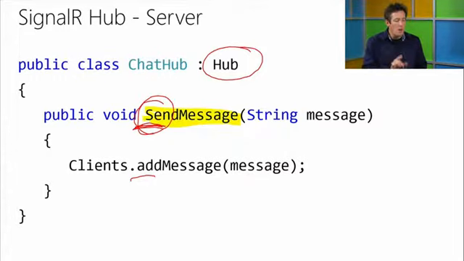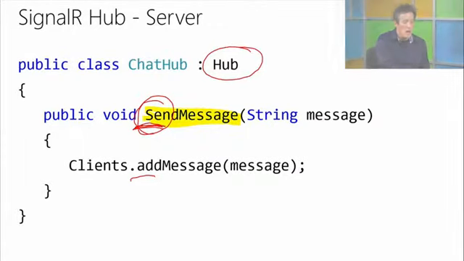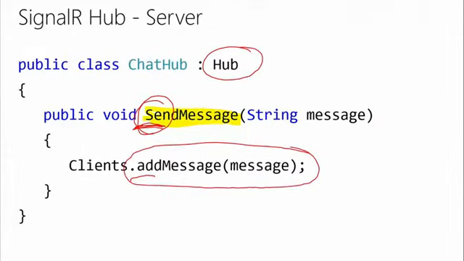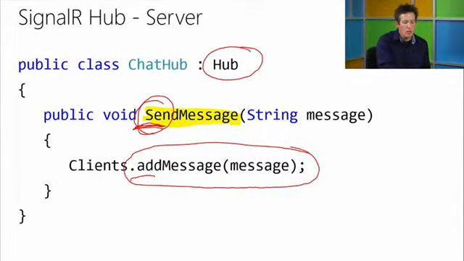The next part that I want you to notice down below is the method call that we are going to make. You'll notice that this is going to be a dynamic object, so I can just add on whatever method it is that I might want. SignalR is all about giving me the ability to send a message down to the client, and the way that I'm going to do that is by calling a method on the client. So addMessage here is going to be translated eventually into a method that's on the client.